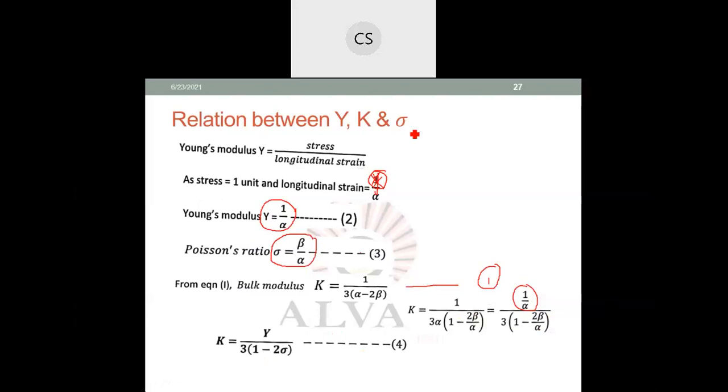Is it okay? Is it clear? Any doubt? If it is there, you can raise your hand, or you can unmute yourself, because I have kept the unmuting option open. I will unmute you. Yes, it's clear, right?